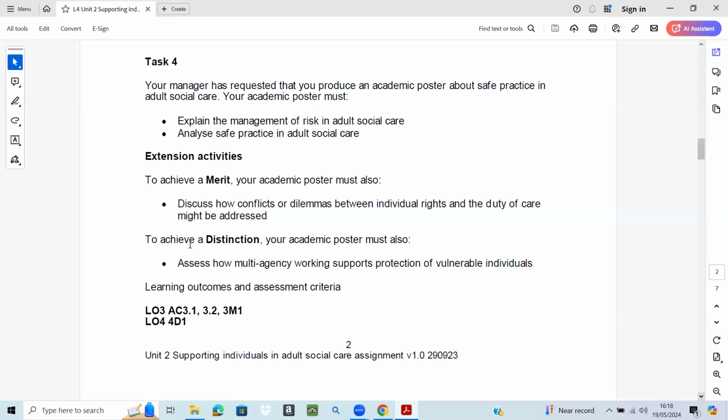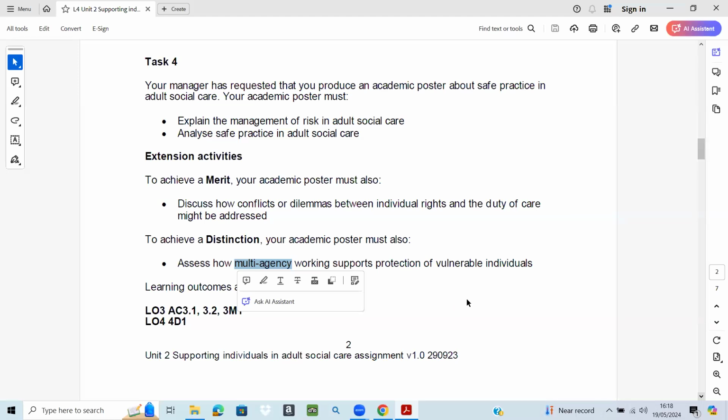If we want to attempt and achieve the distinction, your academic poster must also assess how multi-agency working supports protection of vulnerable individuals. We have discussed that in the whole unit: multi-agency working, interdisciplinary or multidisciplinary working.